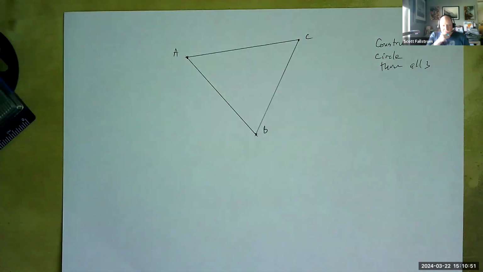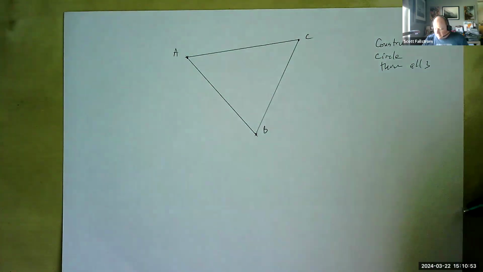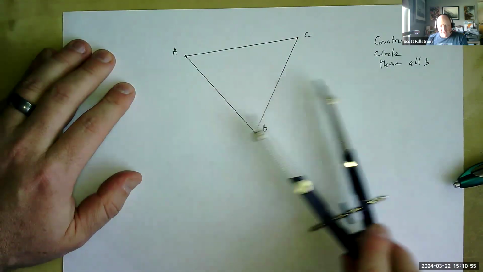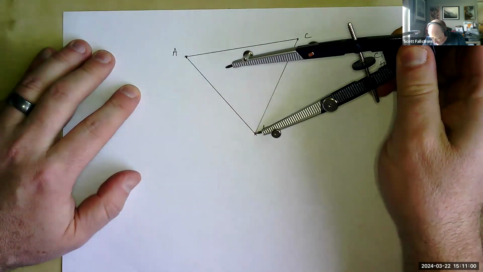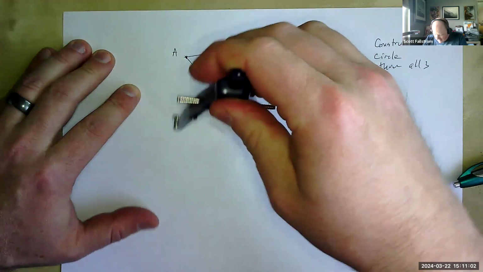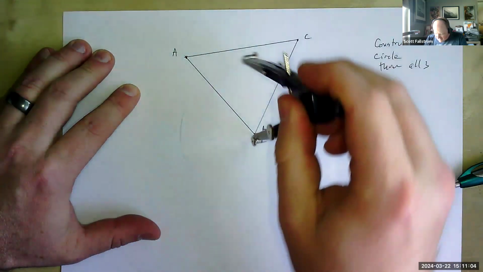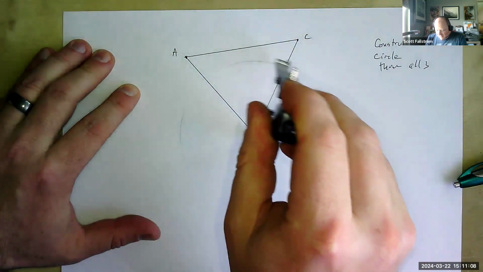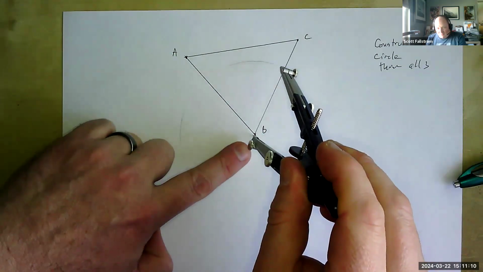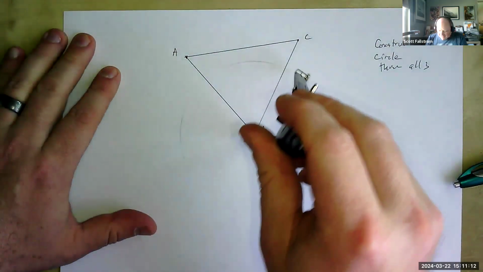Okay. And then all I'm going to do is perpendicular bisector on 2 different sides. Because any point on a perpendicular bisector is the same distance. So I turn here and here. Now I'm turning far enough that I can later take my pokey part and put it in point C.